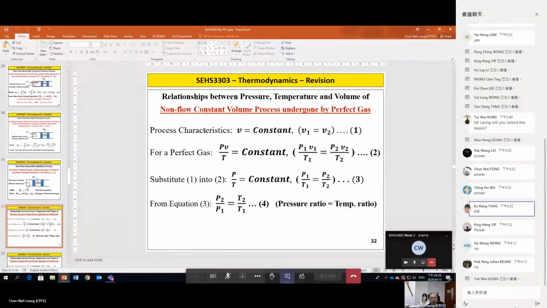I can further rearrange, so it gives you P2 over P1 equal to T2 over T1. In other words, the temperature ratio is the pressure ratio. So if we know P1, P2, and T1, we can work out T2. That is how we can work out the properties if this is a gas.